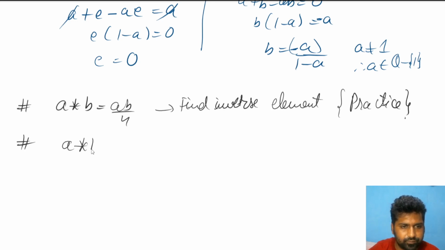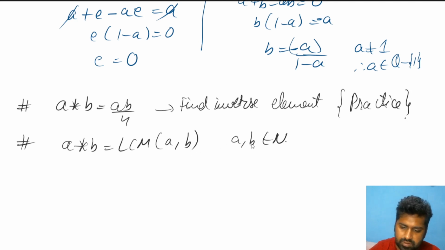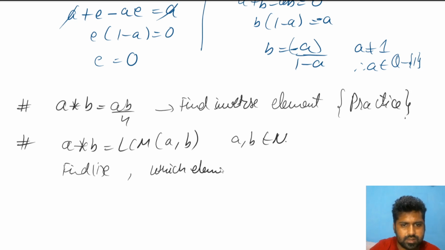A star b is the LCM of a comma b, and a comma b belongs to the natural numbers. Find e, and which elements of N are invertible.